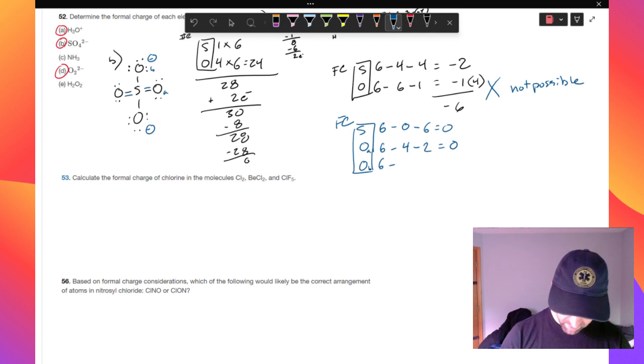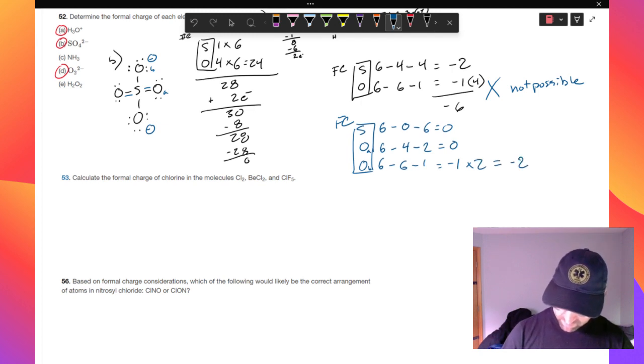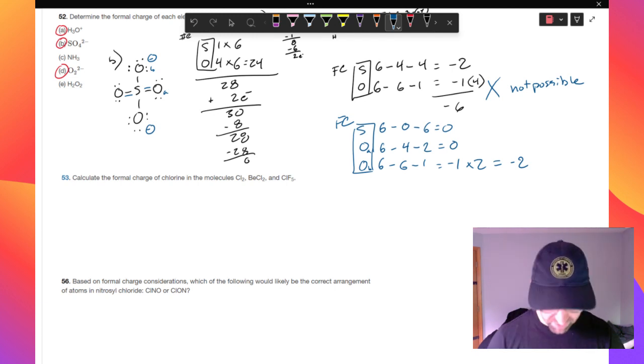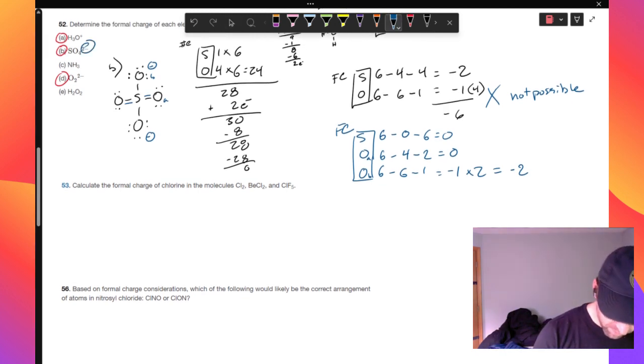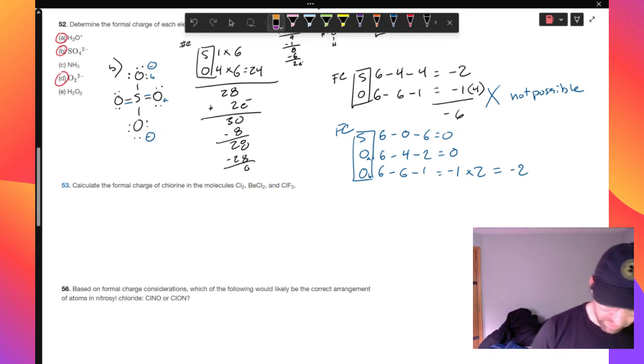Oxygen B has 6 lone electrons and 1 bond, gives us a formal charge of -1. We have 2 of them, gives us an overall formal charge of the molecule of -2, which matches with the charge on the molecule that we were given in the prompt.